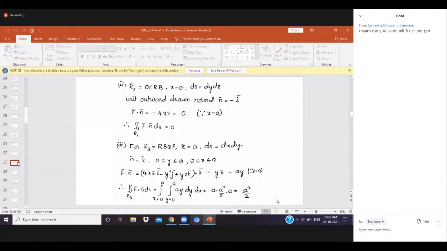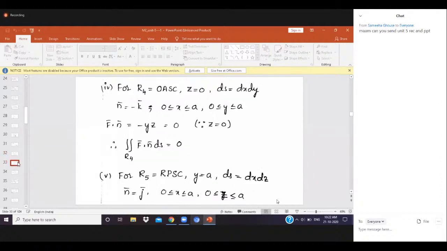Similarly, directly the opposite side we are considering, that is z equals 0 here, ds is the same dx dy, and the unit outward drawn normal is minus k bar, and f bar dot n bar is minus yz, but the z value is 0, then this integral value becomes 0.